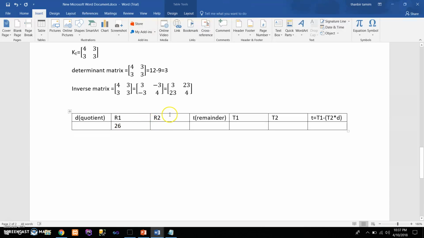And R2 will contain the determinant matrix value, so 3. Also T1 will contain 0, and T2 will contain 1.